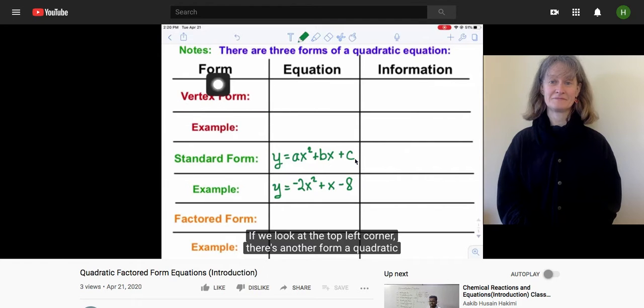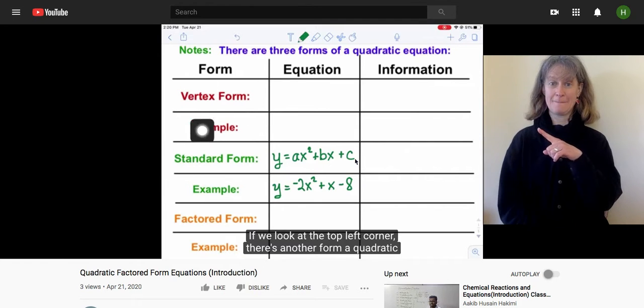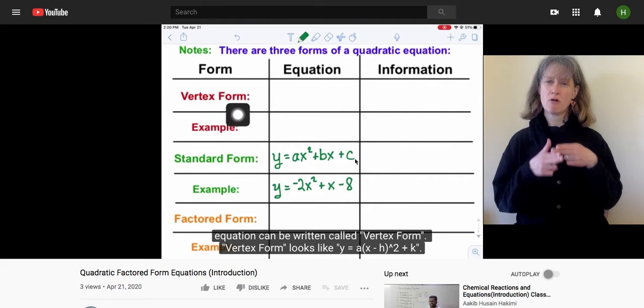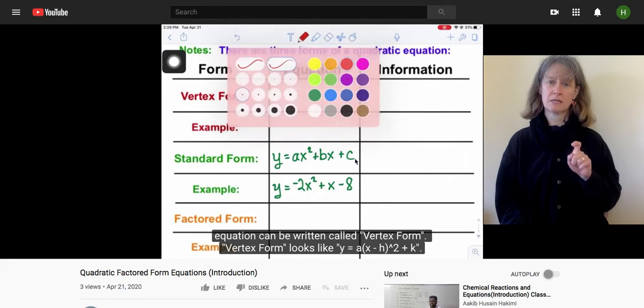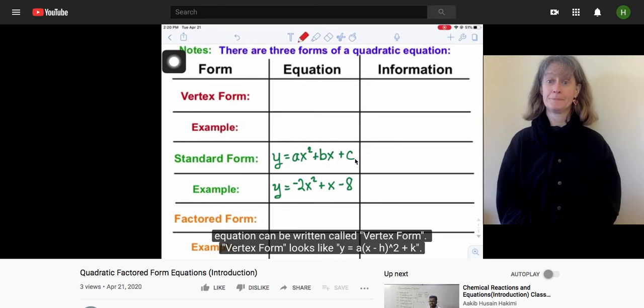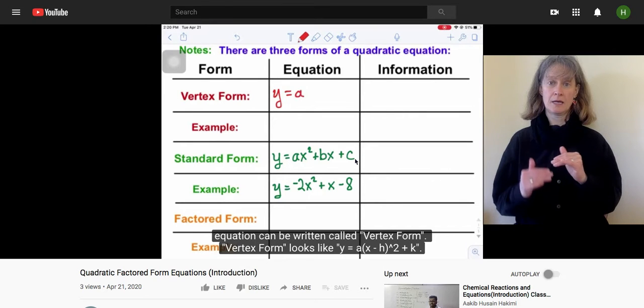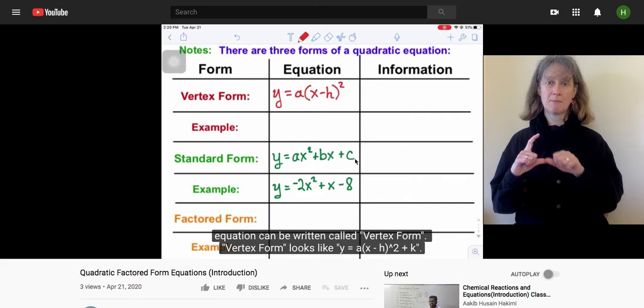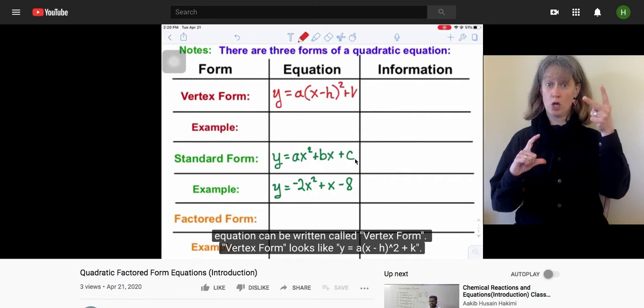If we look at the top left corner, there's another form a quadratic equation can be written called vertex form. Vertex form looks like y equals a(x minus h) squared plus k.